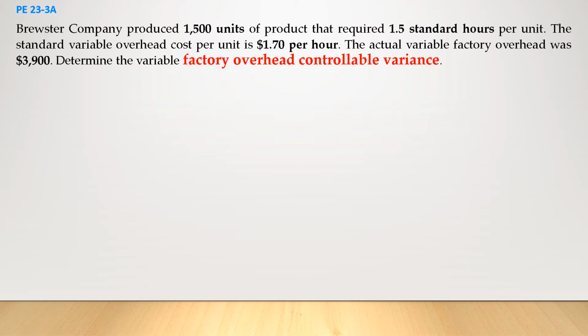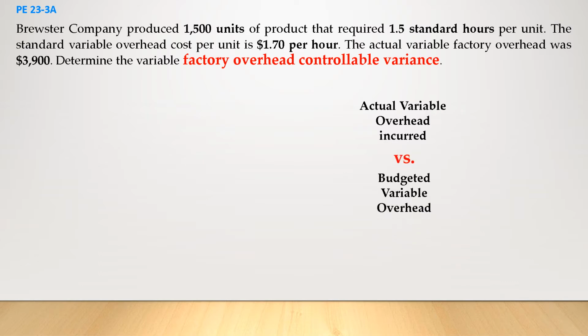We need to determine the variable factory overhead controllable variance. What is the variable factory overhead controllable variance? Please take note that it is the difference between the actual variable overhead incurred and the budgeted variable overhead for actual production. Since we're talking about variances, there must be two elements being compared.